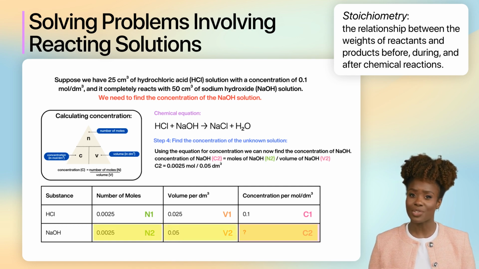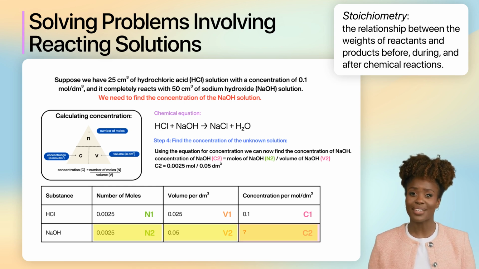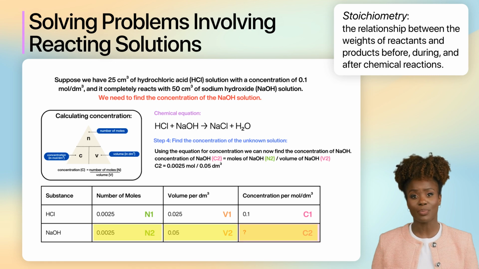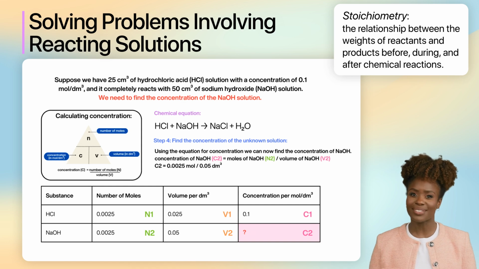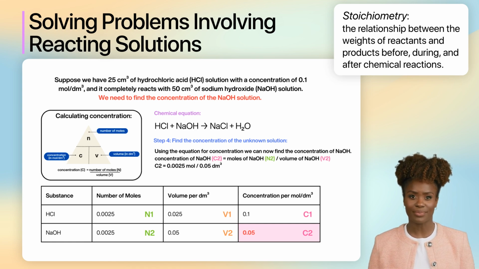This means that the concentration of sodium hydroxide is equal to 0.0025 moles divided by 0.05 dm³. When we calculate this, we get an answer of 0.05 moles per dm³. Thus, the concentration of the NaOH solution is 0.05 moles per dm³.